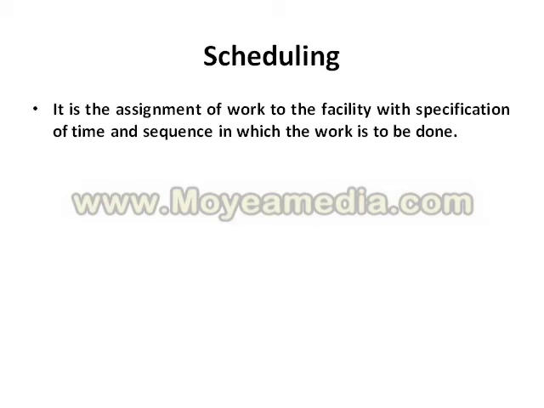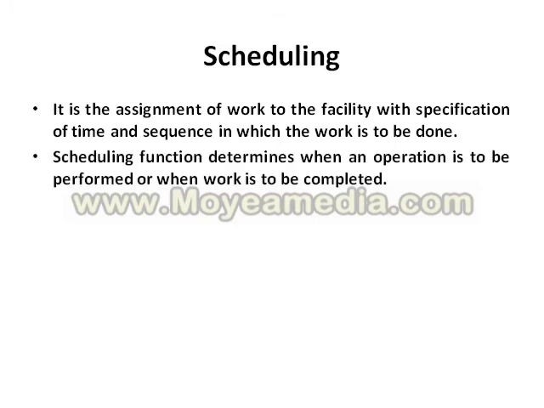So everything will be defined in the scheduling part. If you are having a shop floor and you are having n number of machines, you can schedule one or two or three jobs to one or two machines. It's like n jobs, n machines.